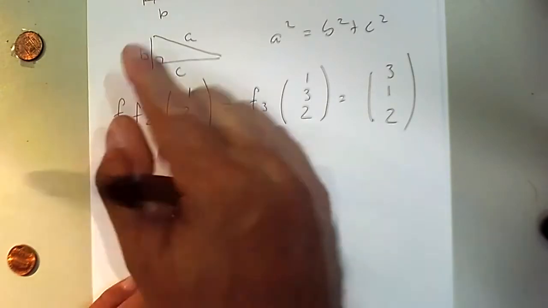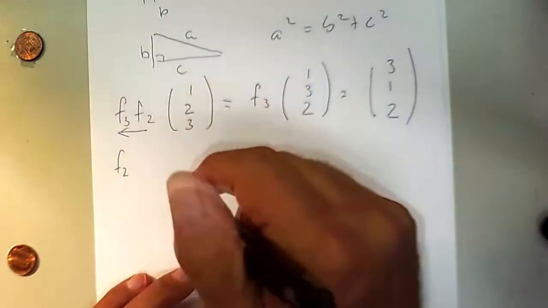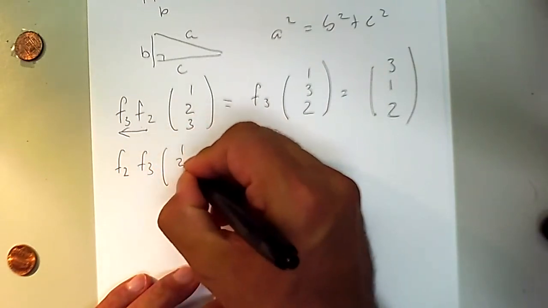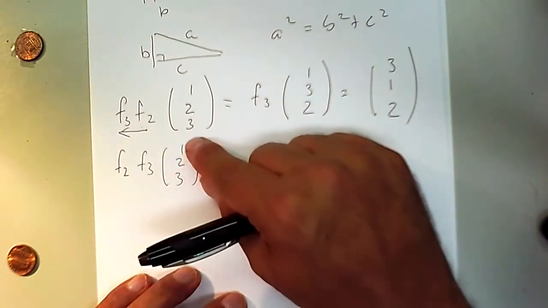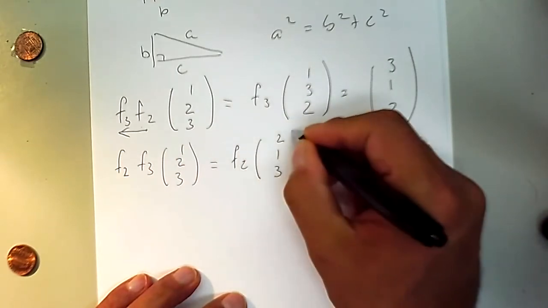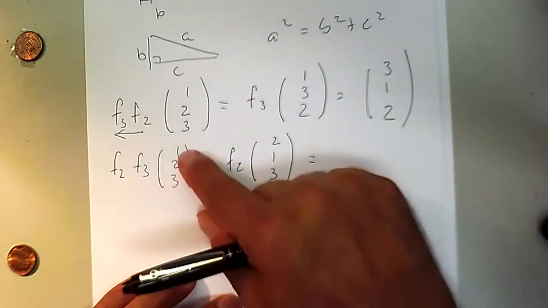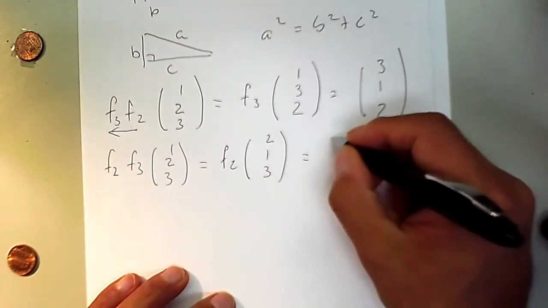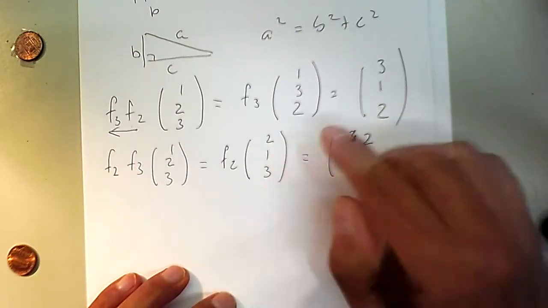So F2, F3 of 1, 2, 3, because I want to compare what it does. F3, remember, swaps the first two. So we have 2, 1, 3. F2 swaps the bottom two. So we end up with 2, 3, 1.